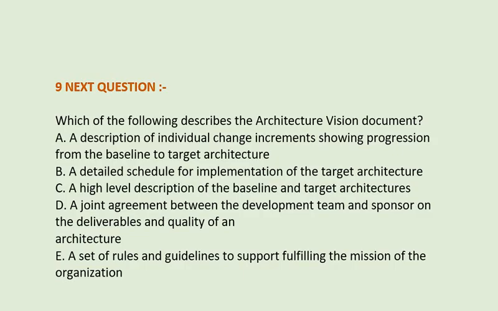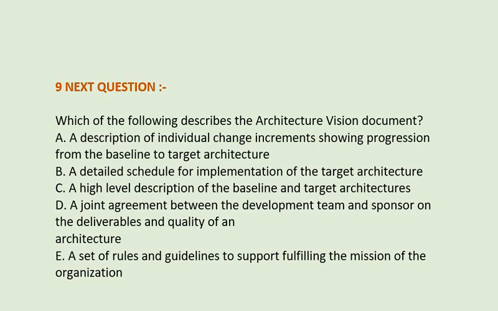Question is which of the following describes the architecture vision document? Option A description of individual change increments showing progression from the baseline to target architecture. Option B a detailed schedule for implementation of the target architecture. Option C a high-level description of the baseline and target architectures.